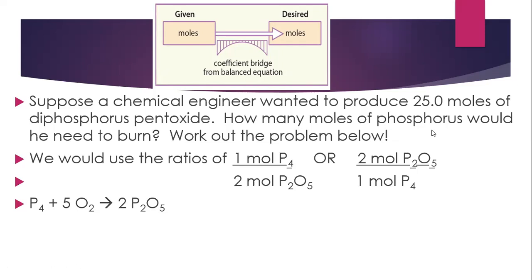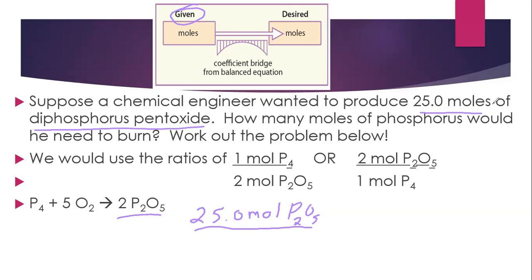Okay, so we've got the initial 25 moles, and we've got 25 moles of diphosphorus pentoxide. So this is what we're starting out with. So P2O5. Okay, so this is our given, where we're starting right here.